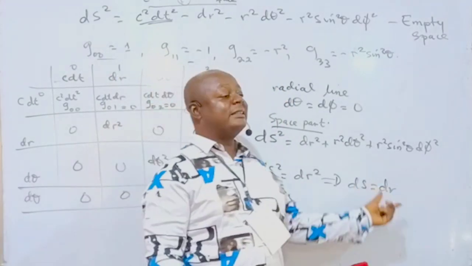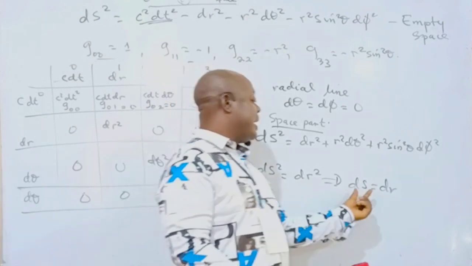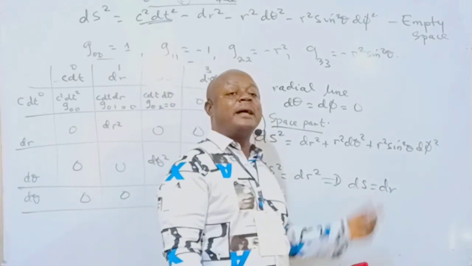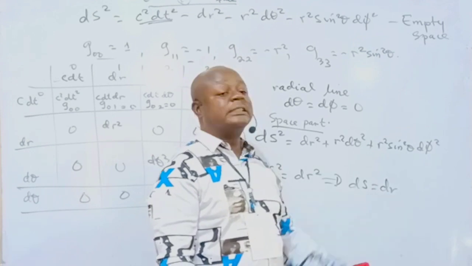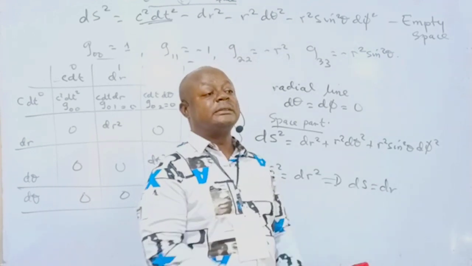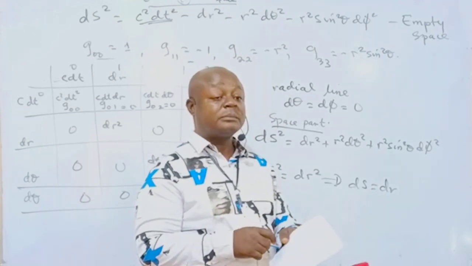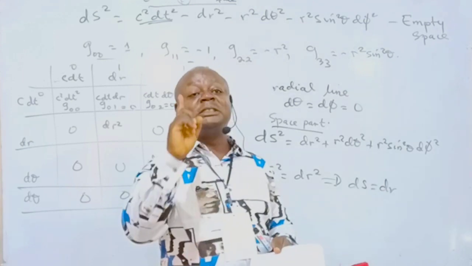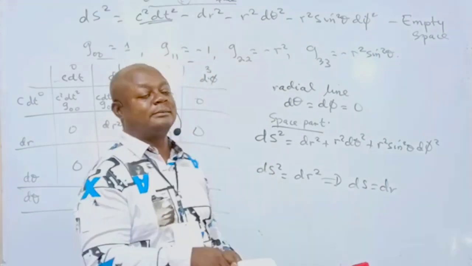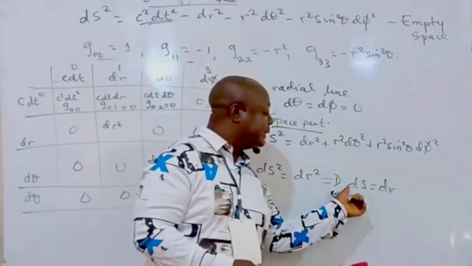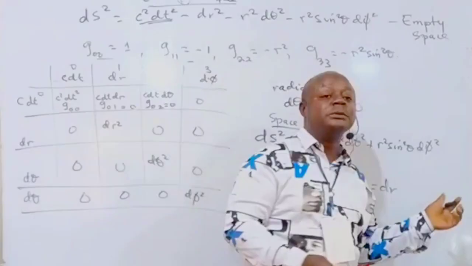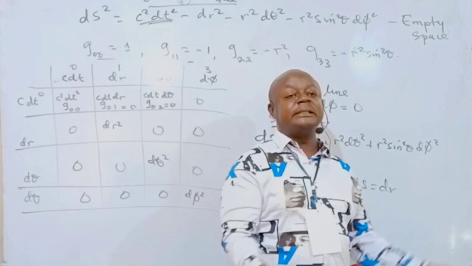Because dr is the coordinate distance, and s is the proper distance. So the proper distance is equivalent to the radial distance in empty space. In the absence of gravity, the proper distance is equal to the radial distance.